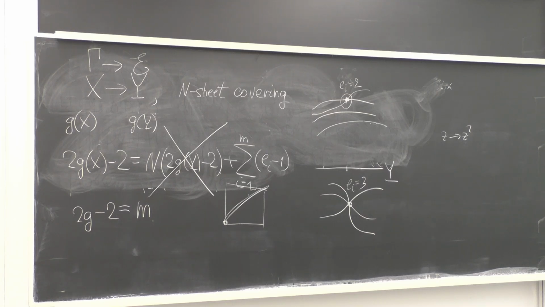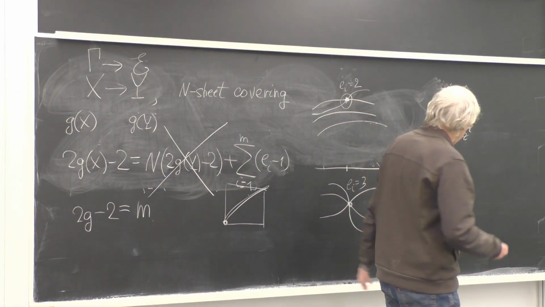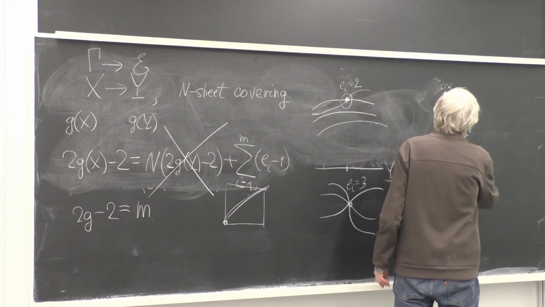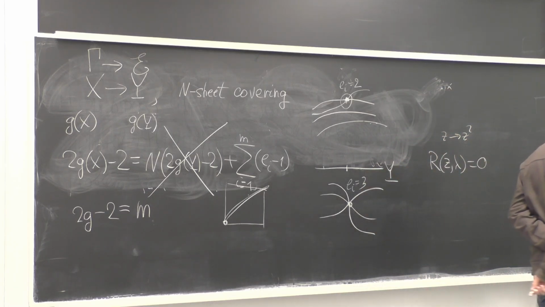To find this number, we should characterize what is the ramification point algebraically. So we have the equation of our spectral curve.